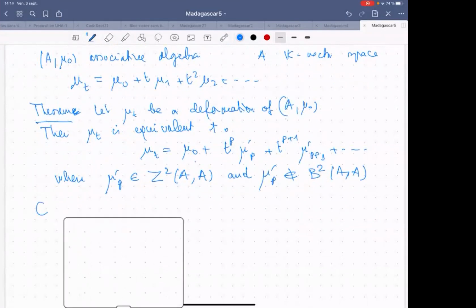And what is the corollary of this? Corollary.